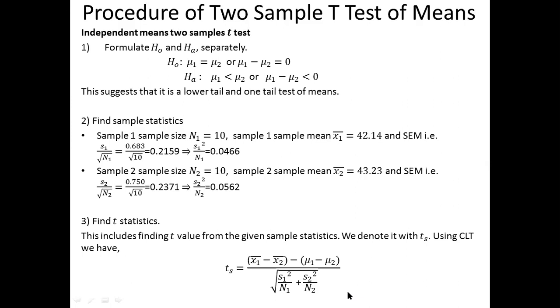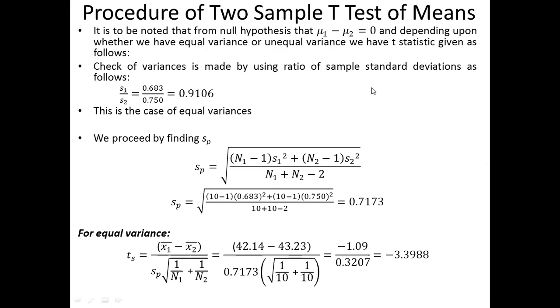This is the same t statistic that we had in the estimation of the differences of mean as well. The next step is plugging in the values, but before plugging in the values, we should note that mu1 minus mu2 in the null hypothesis statement is 0, and depending upon whether we have equal variance or unequal variance, we have the t statistic given as follows.